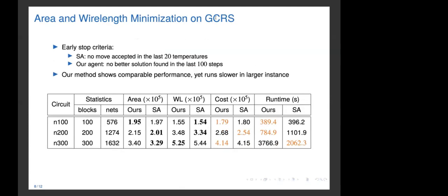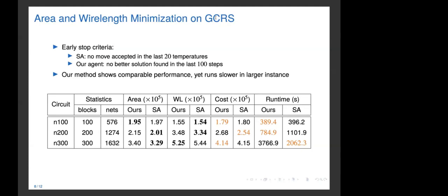We also conducted experiments on a larger set of circuits called GCRS. Due to the very long runtime, we include an early stop mechanism for both algorithms. For simulated annealing, if there is no move accepted in the last 20 temperatures, the search will be stopped.